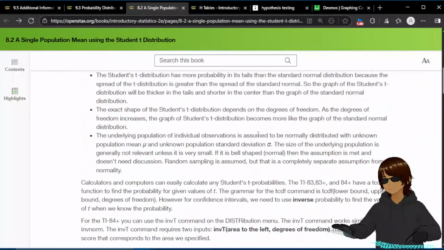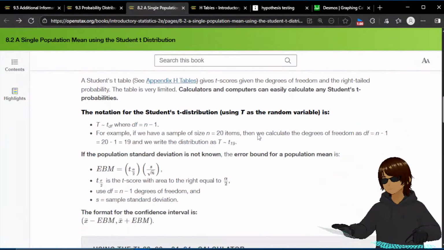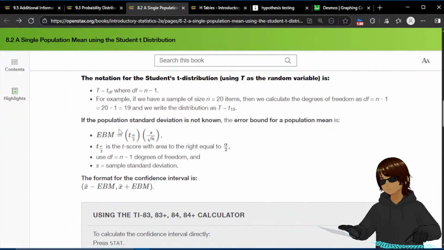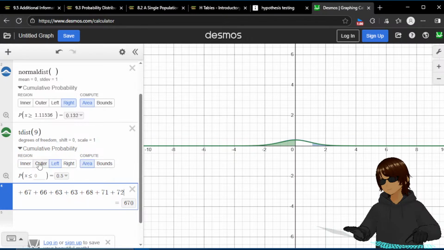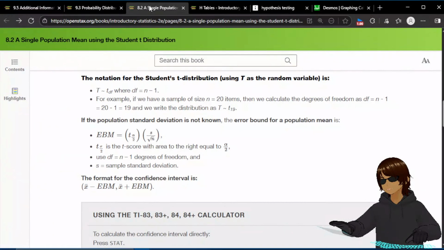Let me try this. So how do I find what value to plug into the t distribution? How do I find the t-score? So this is the t-score: s over root n. Okay, wait.